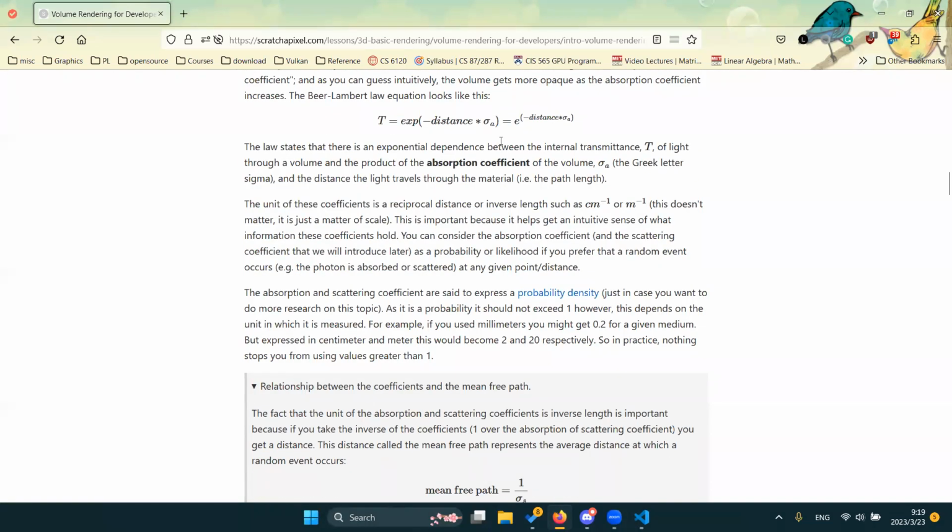Or rather, the coefficient is the probability of it being scattered through a fixed distance of 1 meter or 1 centimeter.